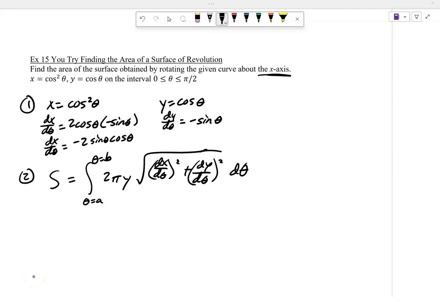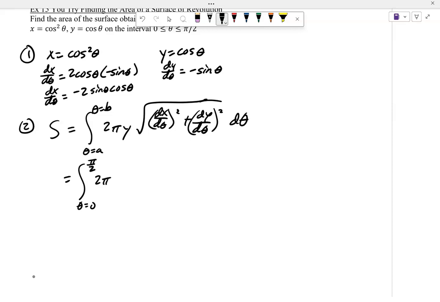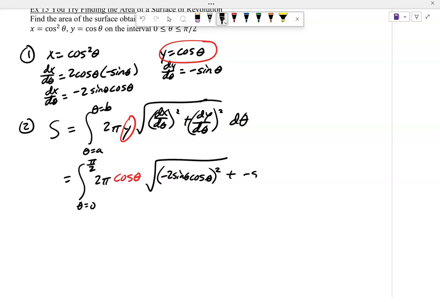Well, I filled out my dx d theta and my dy d theta. Make sure you're using the chain rule on that dx d theta there. And we're going from theta being 0 on the interval up to theta being pi halves. We got 2 pi, y is cosine of theta. And then we've got the square root of dx d theta squared plus dy d theta squared.